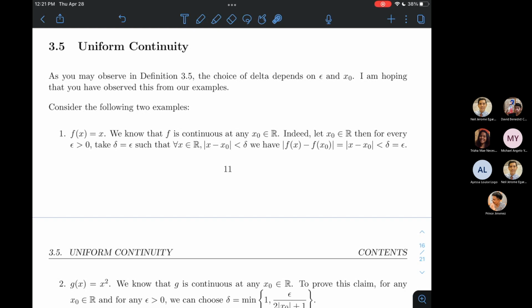Okay? And basically, that's what pagiging Cauchy is, right? Pag palayo ka na ng palayo sa listahan, ibig sabihin, palapit na ng palapit yung mga terms ng sequence sa isa't isa. So, ganun din sa functions na ang domain ay subset ni R. Kapag palapit na ng palapit yung mga x's, there's something special if the function values of those x's become very, very close to each other also. Okay? At yun nga yung uniform continuity.